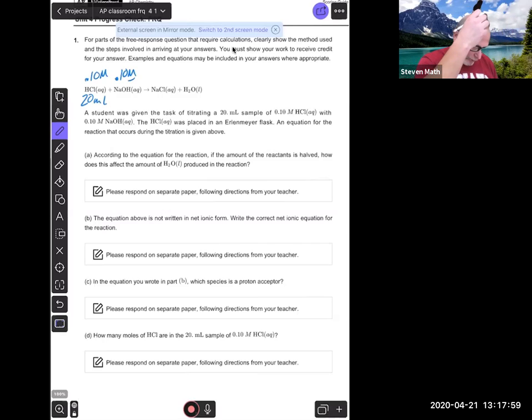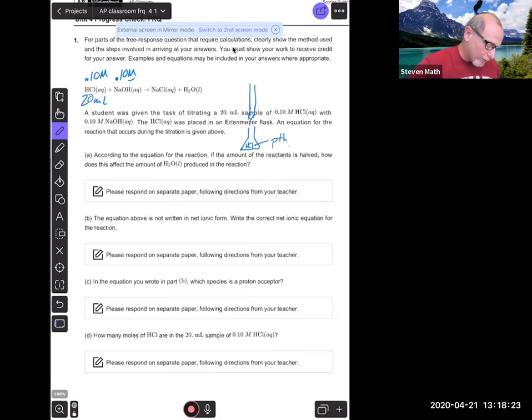Okay, the HCl is placed in an Erlenmeyer flask. So that's the one that gets titrated into. So we've got the HCl down here. Probably going to add a little bit of phenolphthalein to that, PTH. Phenolphthalein gets added to that, I bet. Okay, and the equation occurs.